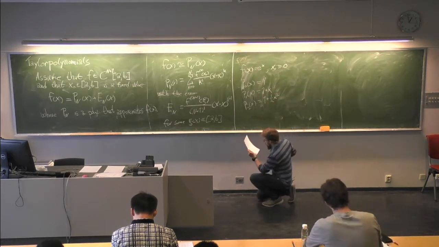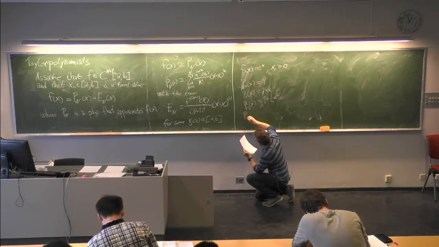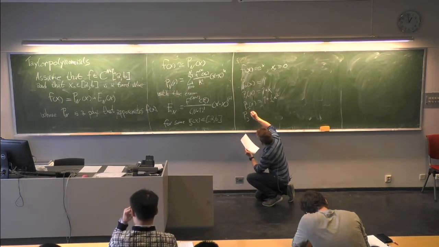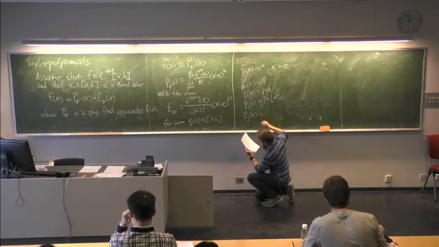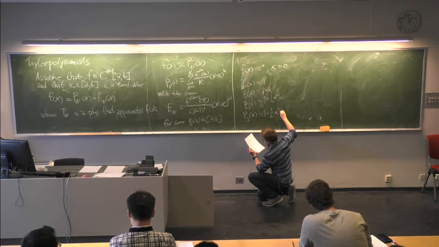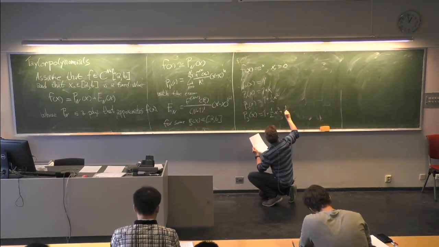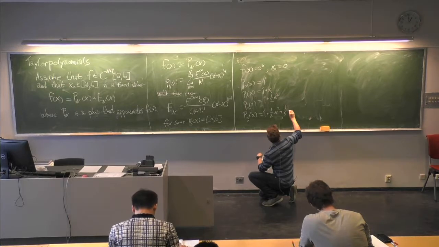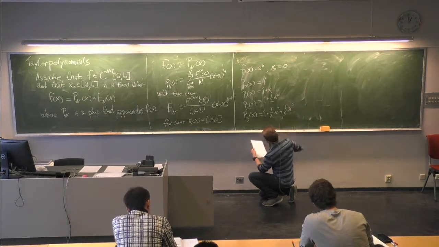And then I'll do one more. P3 of x is 1 plus x plus a half x squared plus a sixth x to the power of 3.